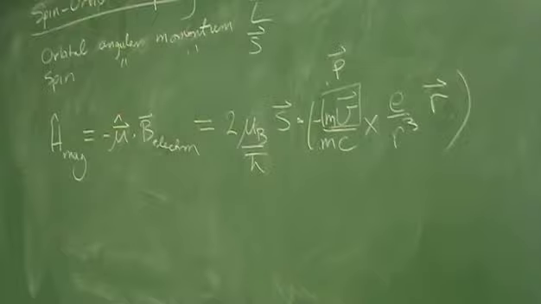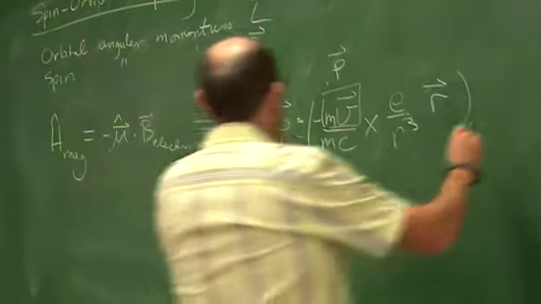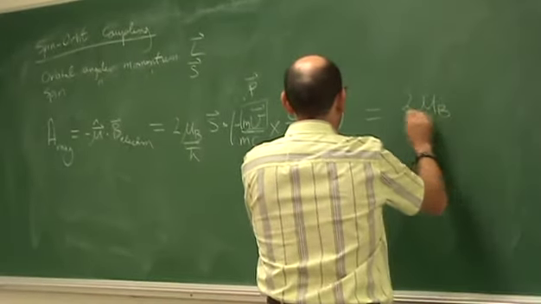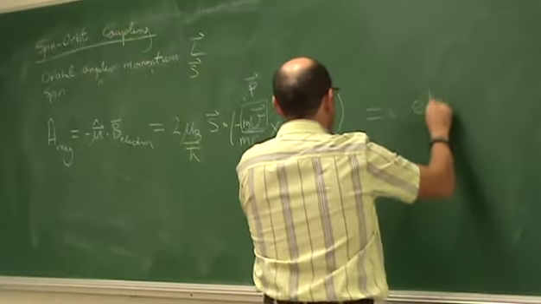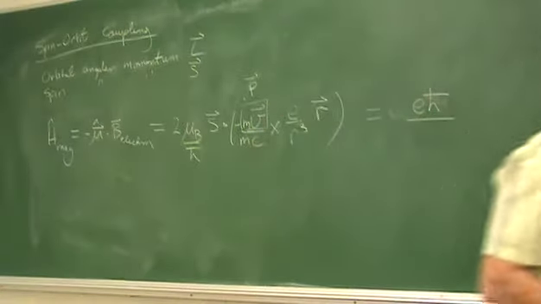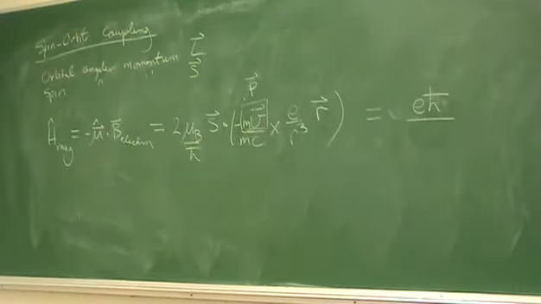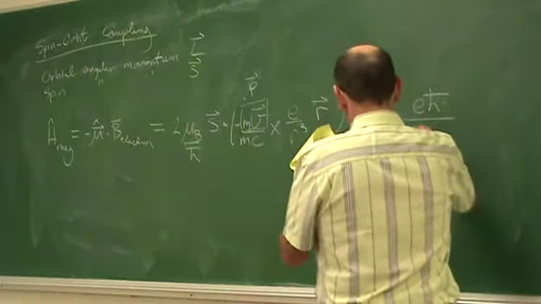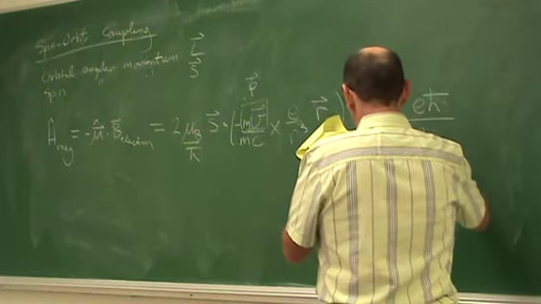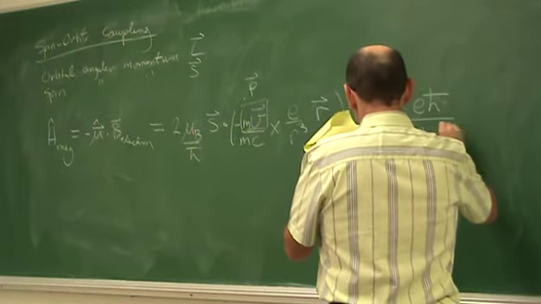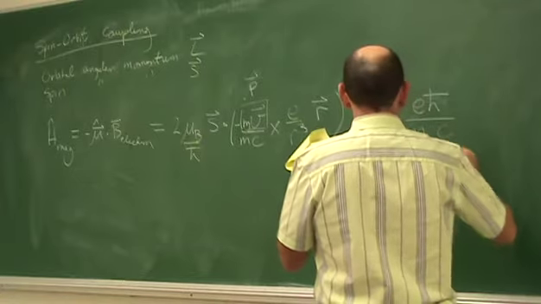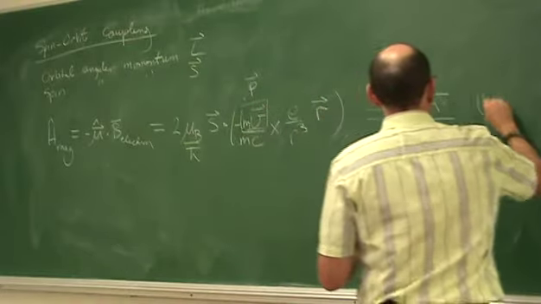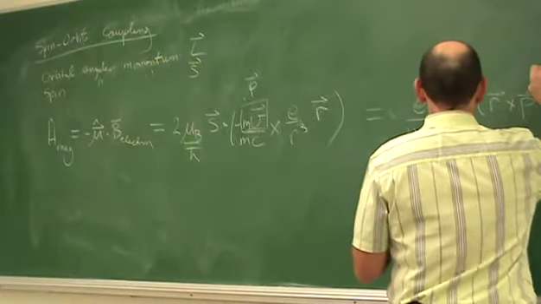So what do we got here? Let me rewrite this now. We got 2, we got mu B, let's put that all in, that was e h bar over, who remembers the whole magneton? I should, but I don't. And we got minus p cross r, which is r cross p.